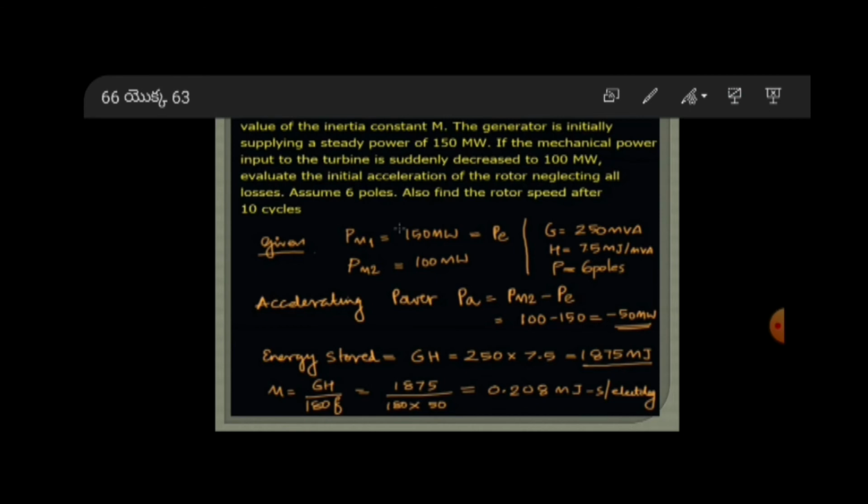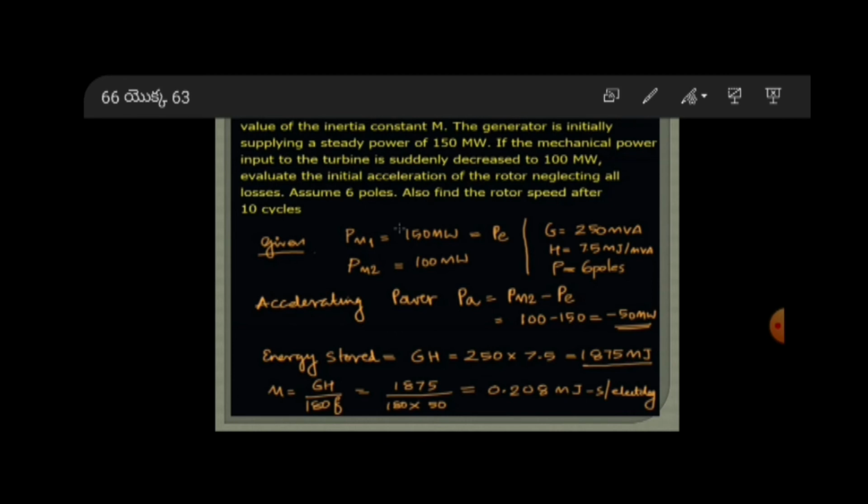What is G? The rating of the machine is 250 MVA, megavolt ampere. The inertia constant H value is 7.5 megajoules per MVA. Next, the number of poles, capital P, is given as 6 poles. So this is the given data.